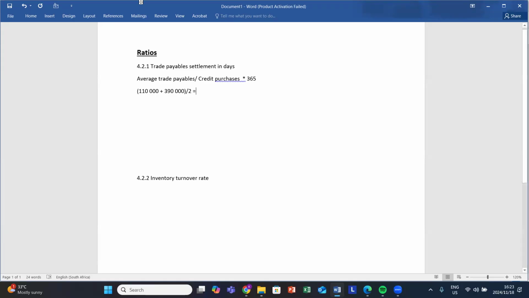You should also insert it in your calculator and see how much you get. You can pause the video for a moment and do your calculations.